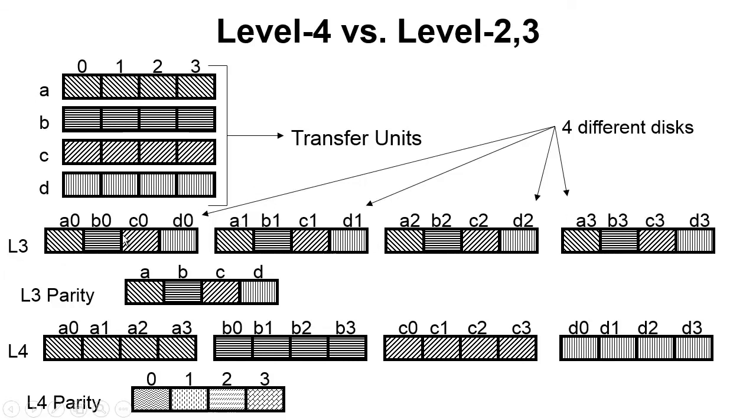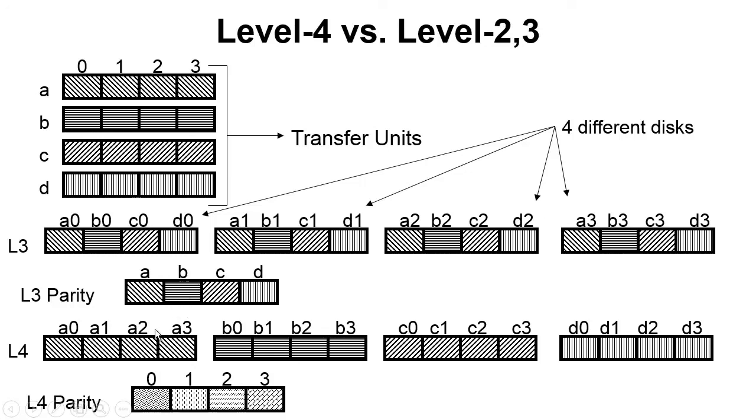So, for the second block, say B, it is B0, B1, B2 etc., different bits of the same byte are kept in different disks. And when you are calculating the parity, for byte A, which is kept in 4 different disks, you calculate the parity and store here, and for B, which is a single byte, you calculate the parity and store here.